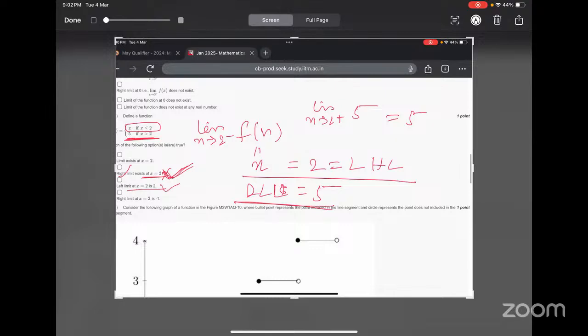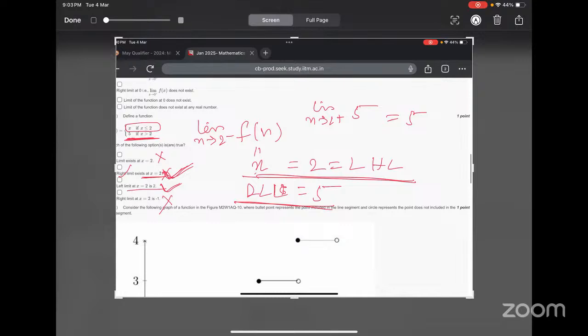And the third option is also true, it is 2. The fourth option: when you are coming from the left side, 0, 1, then you come to 2, the function is x, and the limit as x tends to 2 minus of x means we directly put 2.